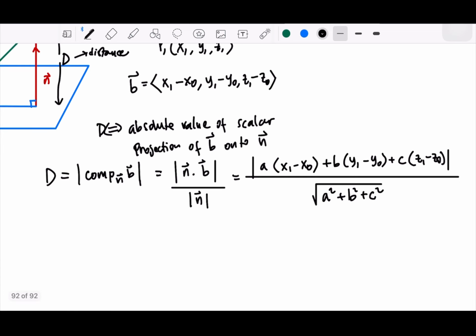We can write this as ax1 plus by1 plus cz1 plus or minus, sorry.